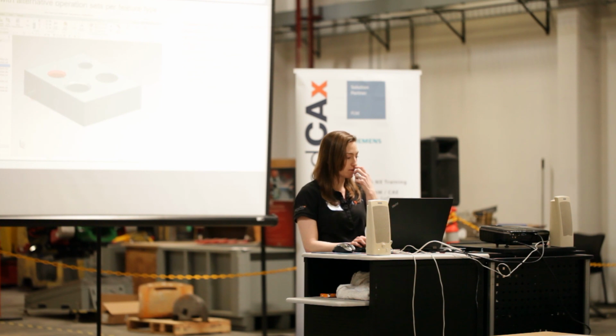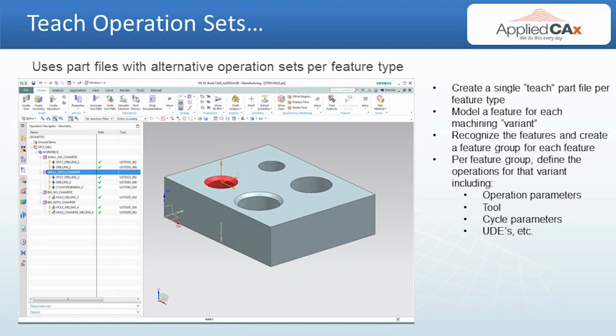So the teach part that I was talking about, this is the approach that you would want to take. This is what Siemens recommends for how to keep all of that information for your feature types in one place. Once you identify a feature type and the different variations of that feature type, you create it in this teach feature part, like what's shown up here.